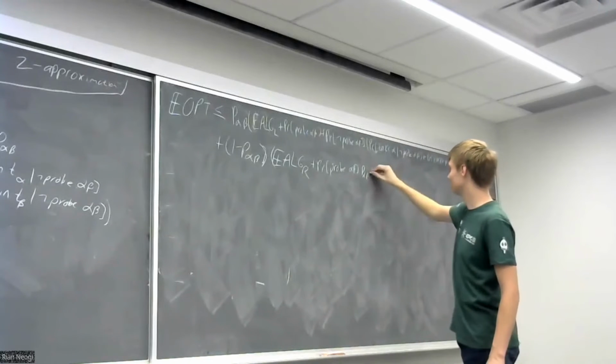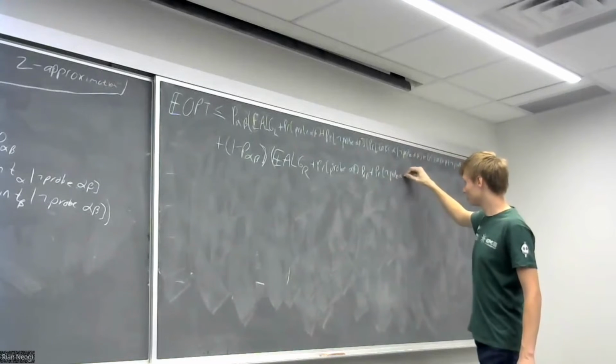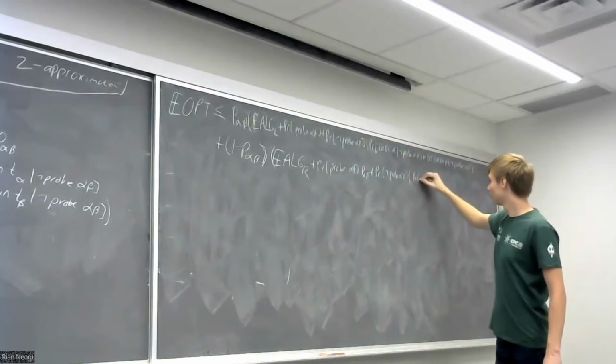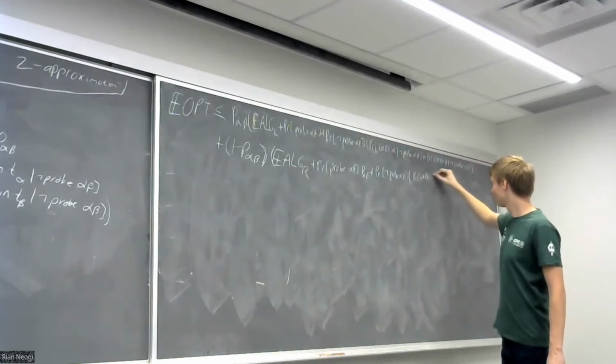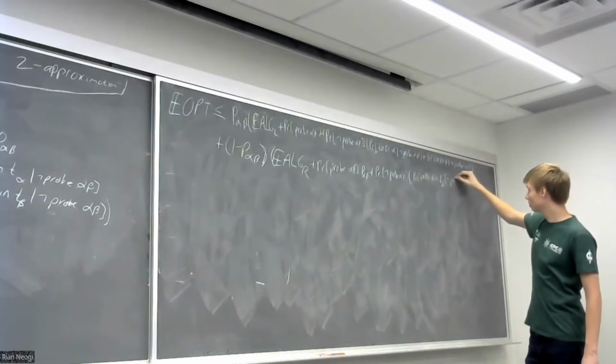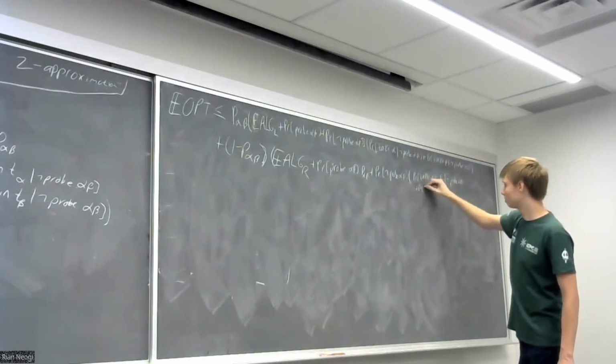And then we have the not probe part. A lot of these terms will add together and cancel. So we have the probability to take alpha and see alpha given we don't probe alpha beta. And then the same thing for beta.